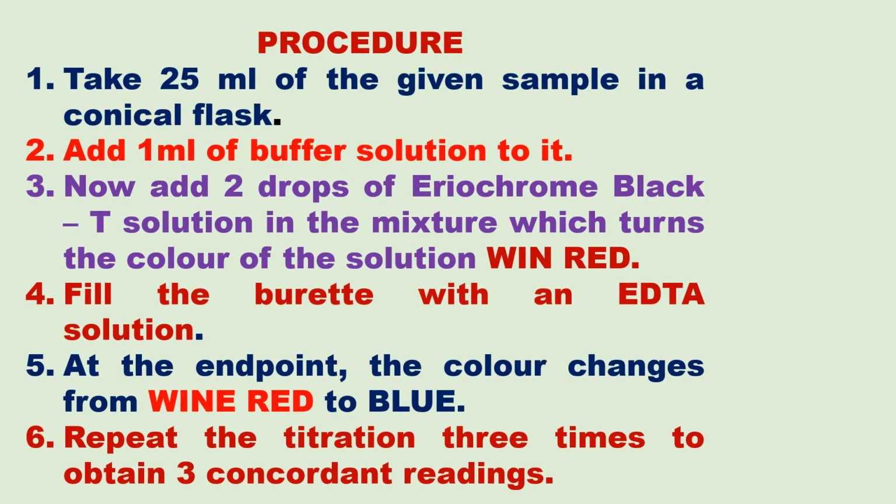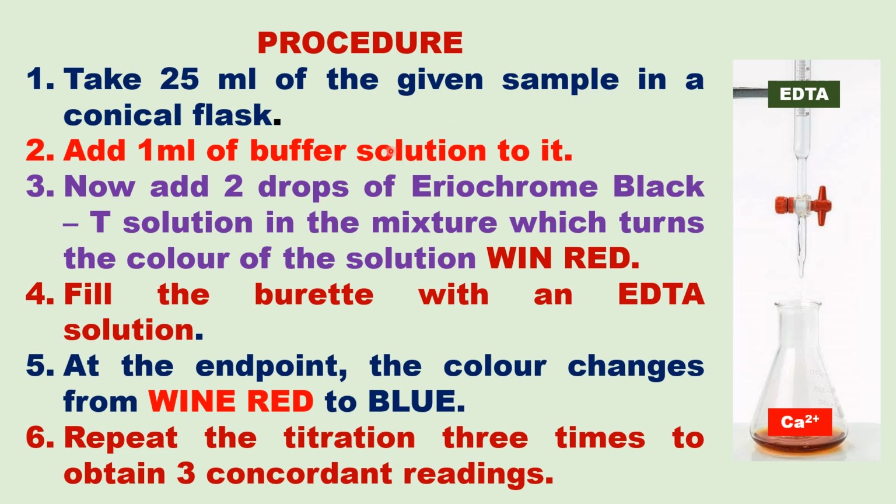Now let us see quickly the procedure. Take 20 ml of the given hard water sample in a conical flask, and then add 1 ml of buffer to it. Next, add 2 drops of Eriochrome Black T, which turns wine red because of the calcium Eriochrome Black T complex. Fill the burette with the EDTA.